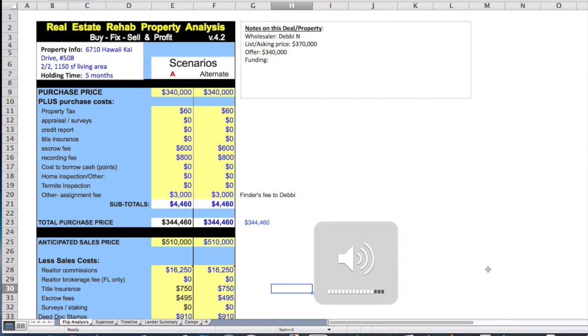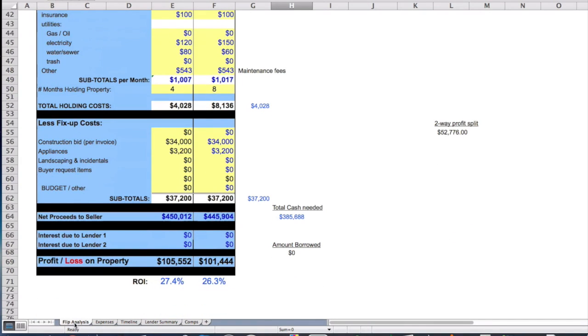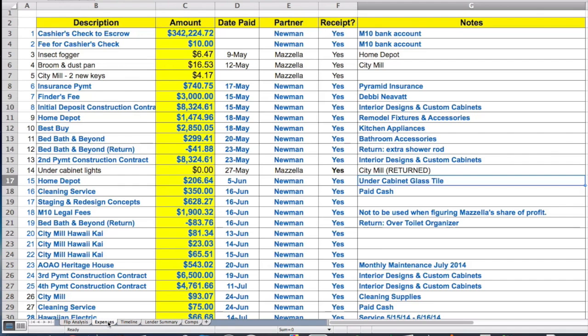Okay, so there's one last thing I'd like to show you, and that's all the way down at the bottom of your sheet. Notice that there are some tabs down here that I've set up, and I've used these over the years, so they're pretty helpful.